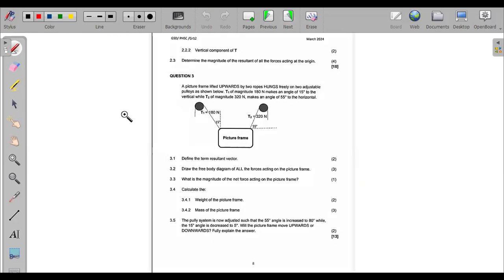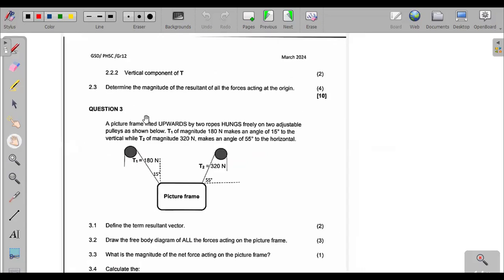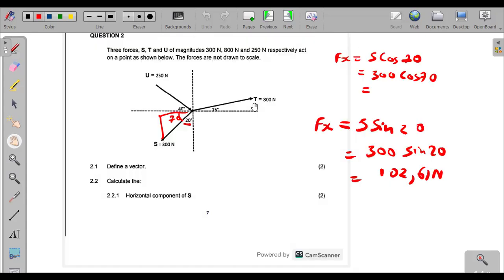Our next question is saying determine the vertical component of T. So in this regard, we are now calculating the vertical component of T. For the vertical component of T, we can relate with the diagram again. From the tail of T, moving first in the horizontal and then moving in the vertical is the option we want to take.